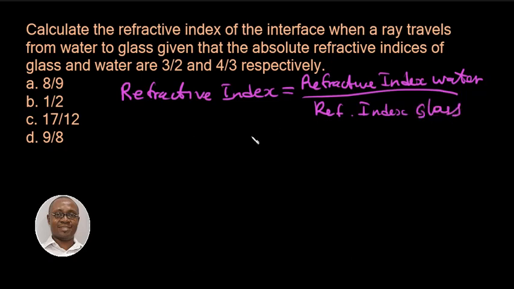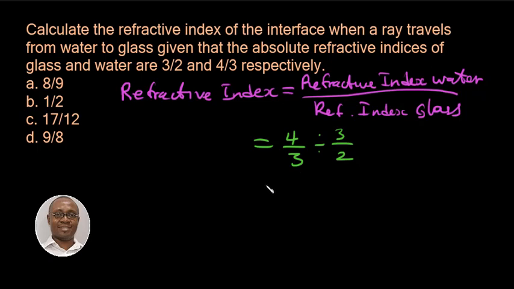Okay, and these we already have the values in the question. So the refractive index of water as given is 4/3 to divide the refractive index of glass, which is 3/2.